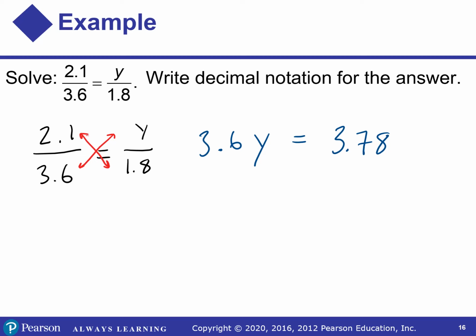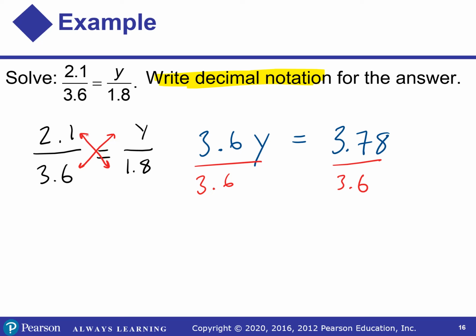So step 1, cross products, and step 2, divide by that factor in front of the y. We want to get rid of the 3.6 times on the left-hand side. So we'll divide by 3.6, divide by 3.6. And the directions here are write the decimal notation for the answer.